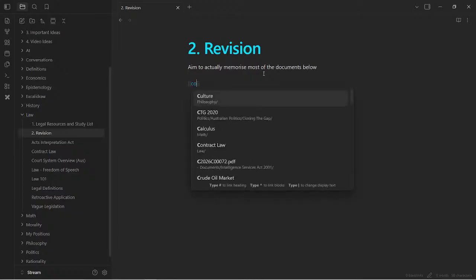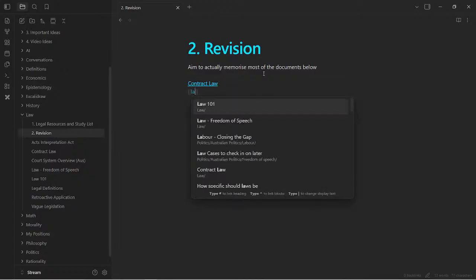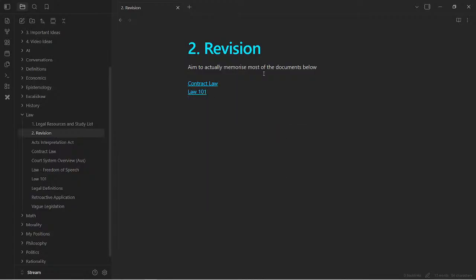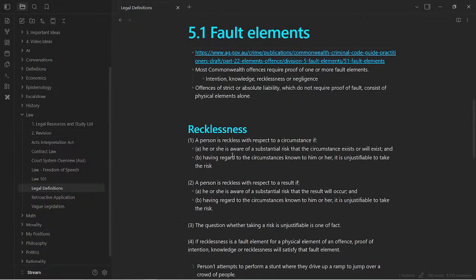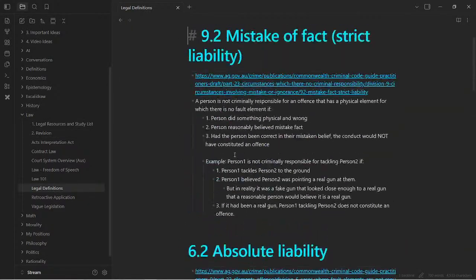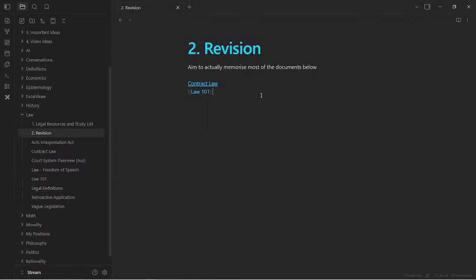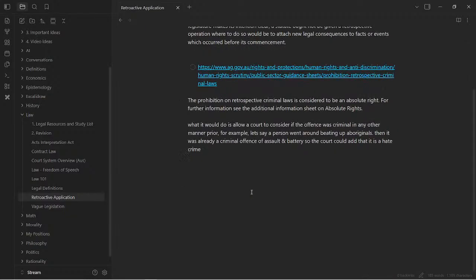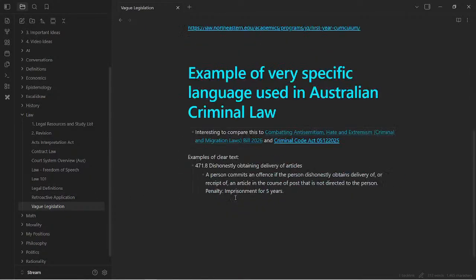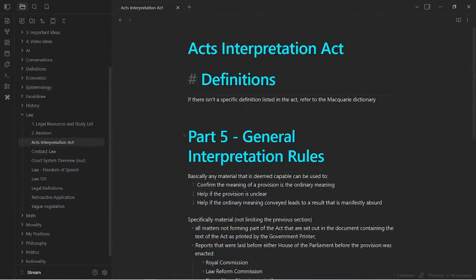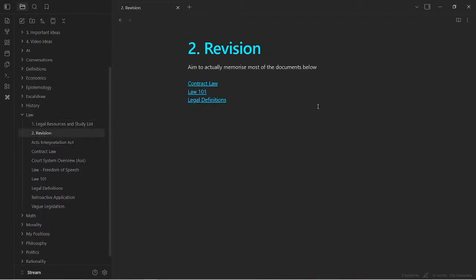We'll start with contract law and law 101 and legal definitions. And yeah, that's not that important. Okay. So what's going to be the easiest way to... All right, okay. I have the plan.